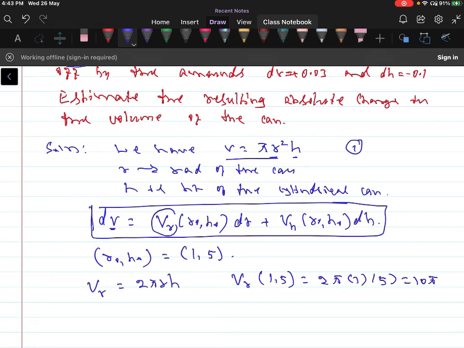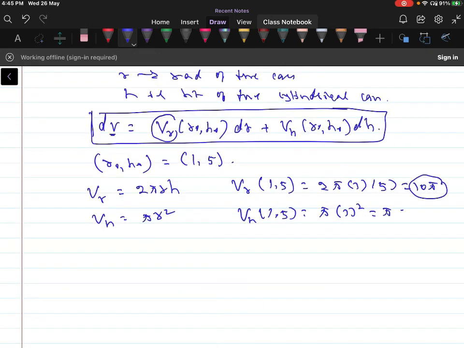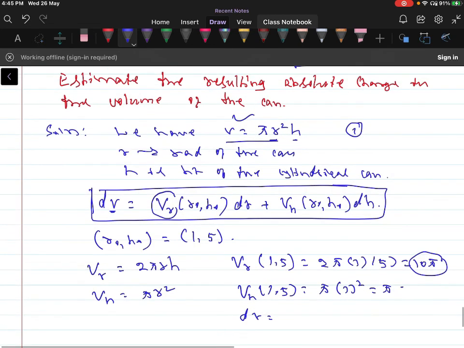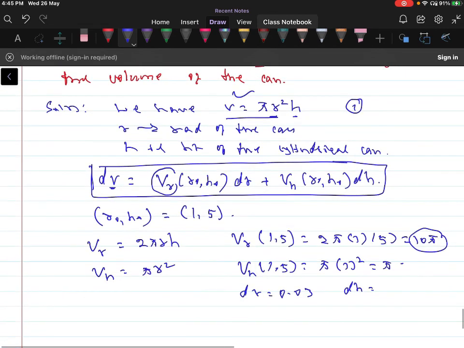Now differentiate with respect to h, that is Vh, so pi r square. Vh at the point 1, 5 is equal to pi into 1 square, that is pi. And here dr is equal to 0.03, and dh is equal to minus 0.1.